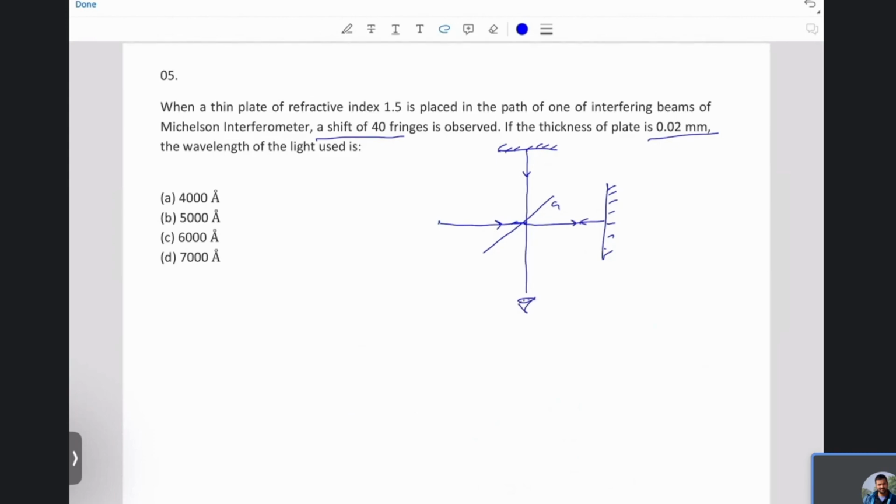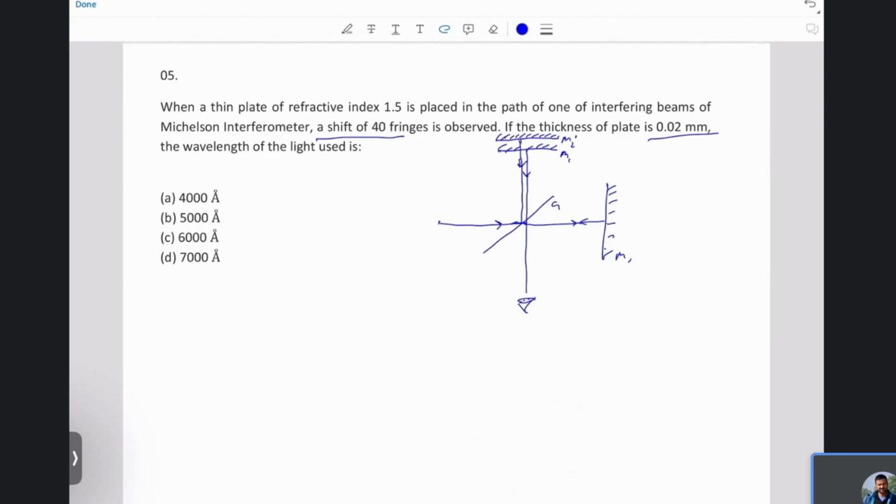Okay, and we were observing an apparent source of light M2 prime, and then we had interference between the light coming from M2 prime and M1.